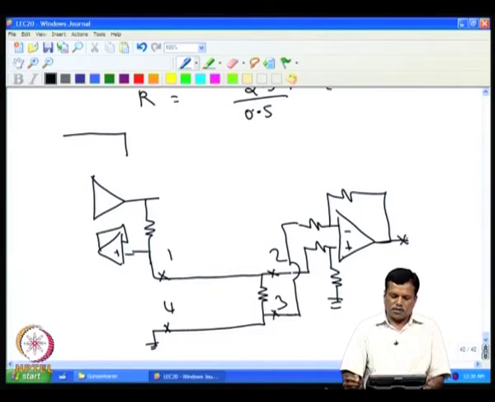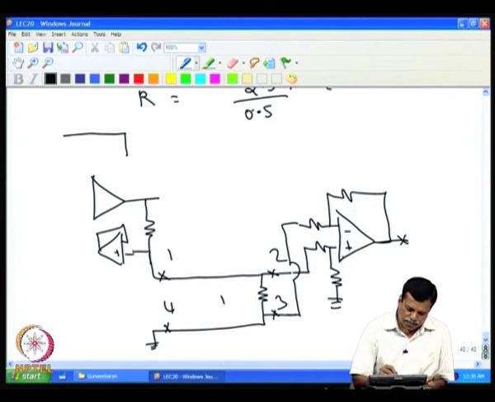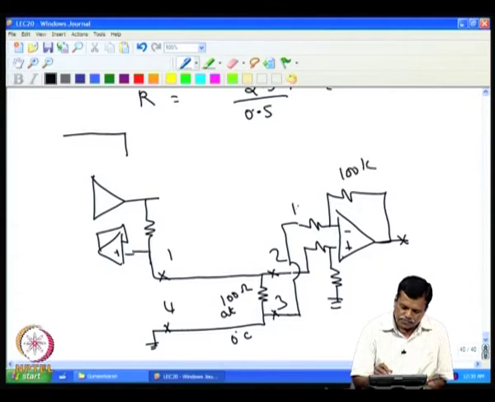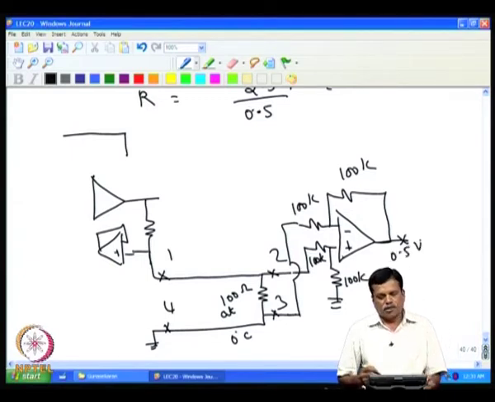For example, if it is 100 ohm, say at 0 degree C, then you will have 0.05 volt difference across this, and if these resistances are equal, then you will be getting 0.5 volt, the minimum voltage.